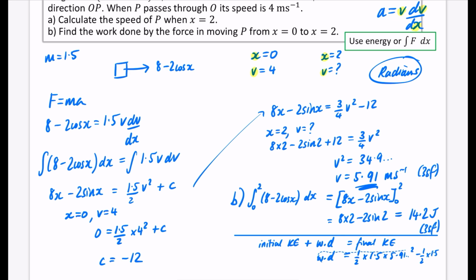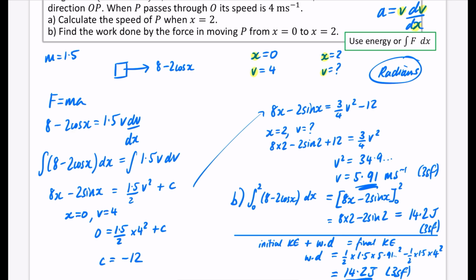I'm going to very quickly drag that across. And I'm going to say that that's going to multiply by the 4 squared. And hopefully I'm going to end up with 14.2. So I'm going to do the half times the 1.5 times the 5.91 squared minus a half times 1.5 times 4 squared. And we do get 14.2 joules to three significant figures.